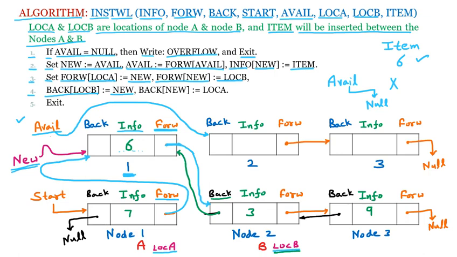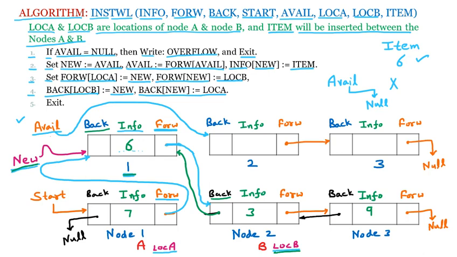Now afterward we go to backward of new is equal to loc A. We should see where the new is pointing. New is pointing on the node 1. That means this one, and the backward part, so this is the backward pointer.